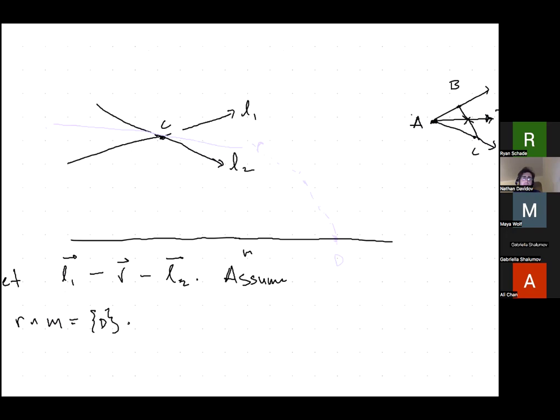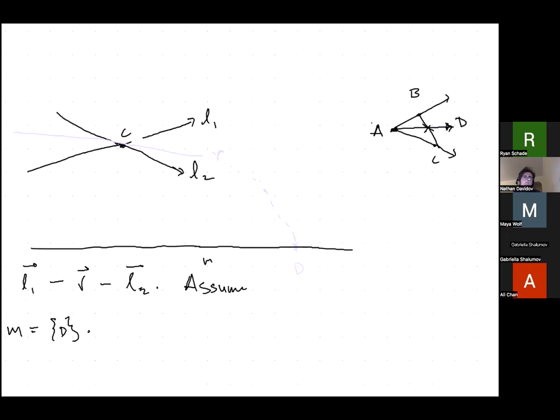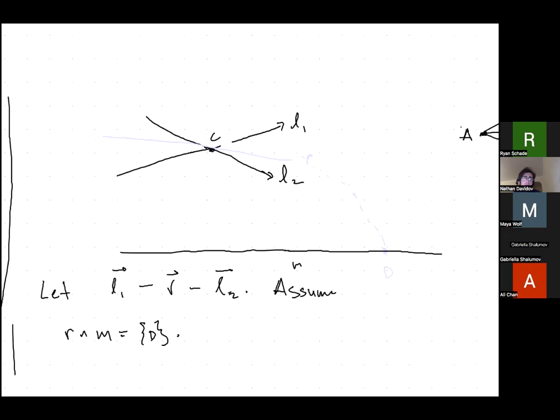Is this all right with everyone? This is basically an if and only if statement. Sorry, give me a second here. This thing isn't working.